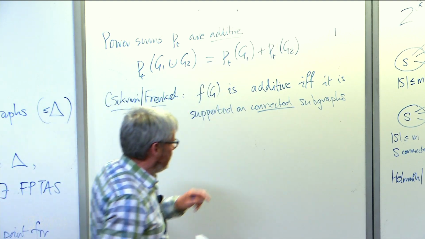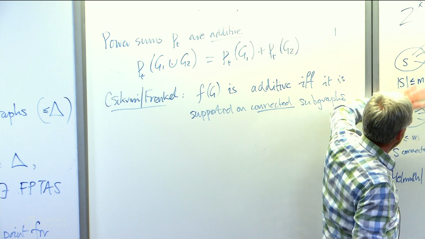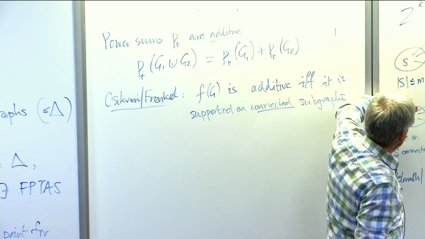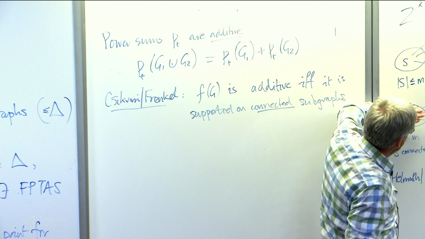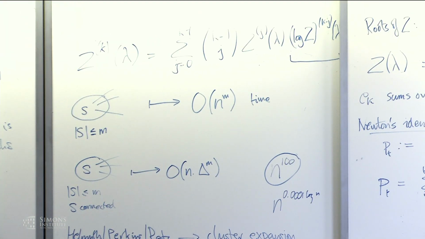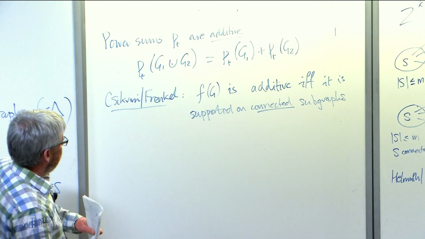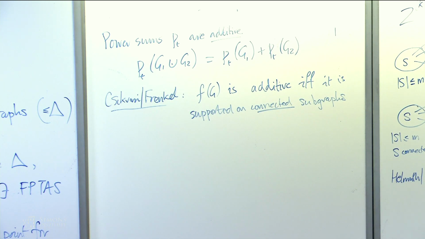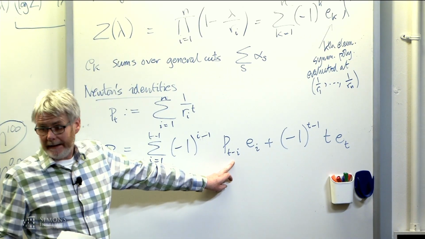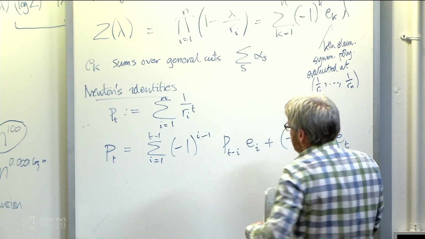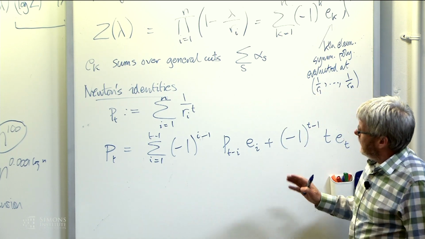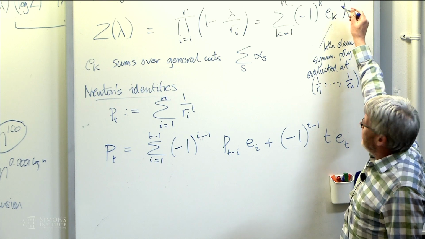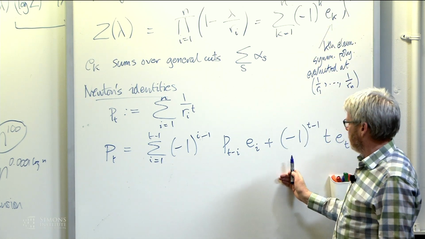I'm glossing over the exact definition of the set of graphs and how you have to account for the cut edges correctly. But basically this carries over, and this is great because it tells us that these things can be computed just as sums over connected subgraphs. And then you can use dynamic programming to compute the EKs, which is what you want, from these identities.